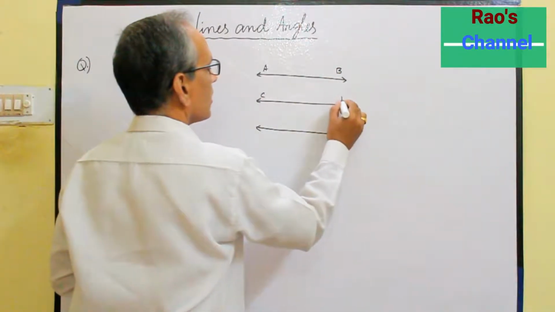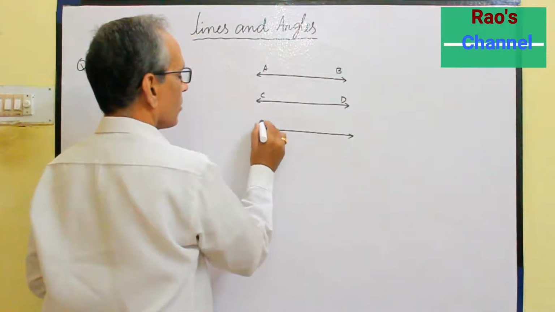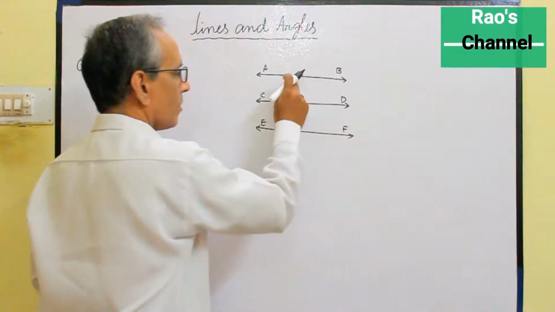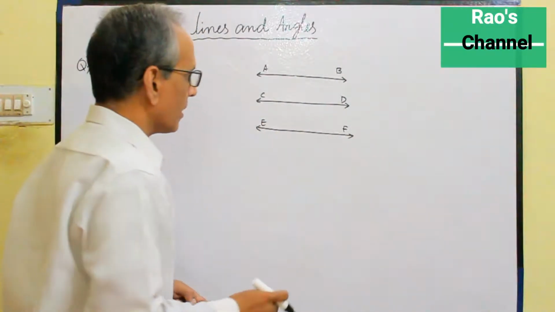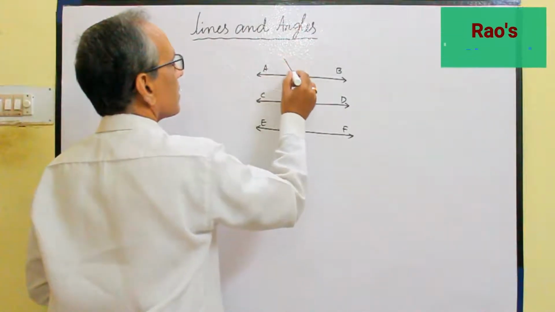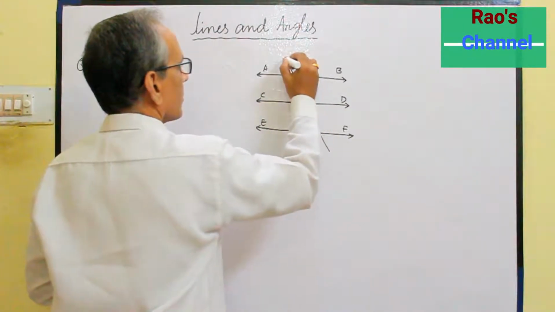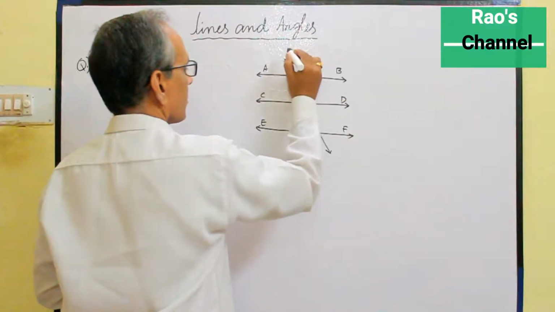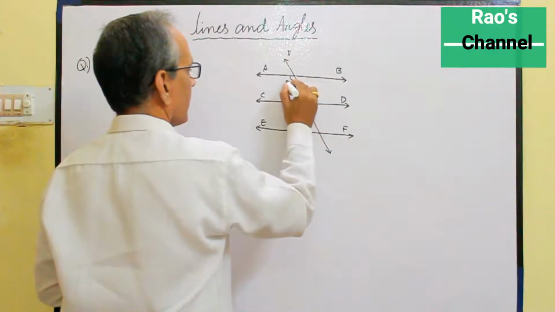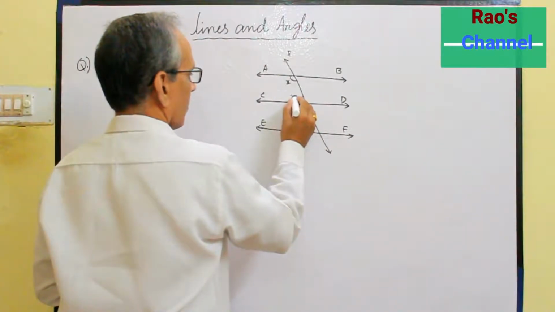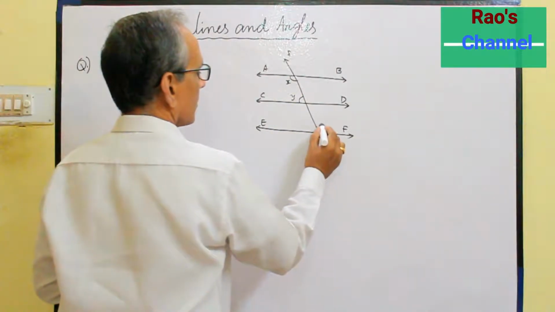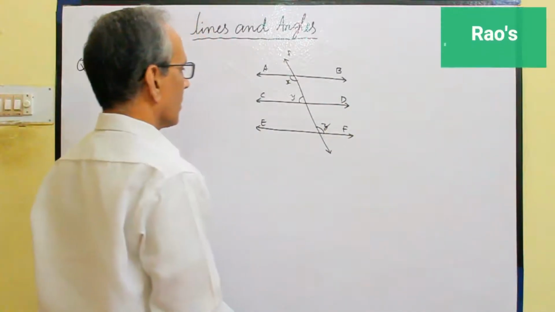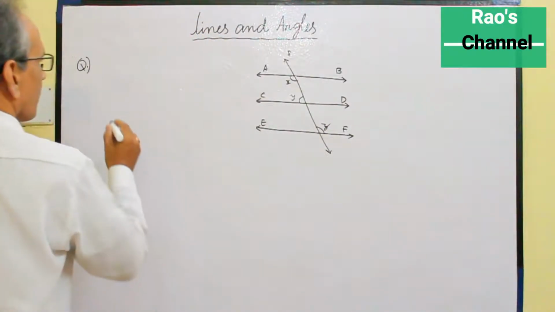AB is parallel to CD and CD is parallel to EF. So I say AB is parallel to EF. Clear? And there is a transversal P, with angles X, Y, Z. Okay, so what is given here?